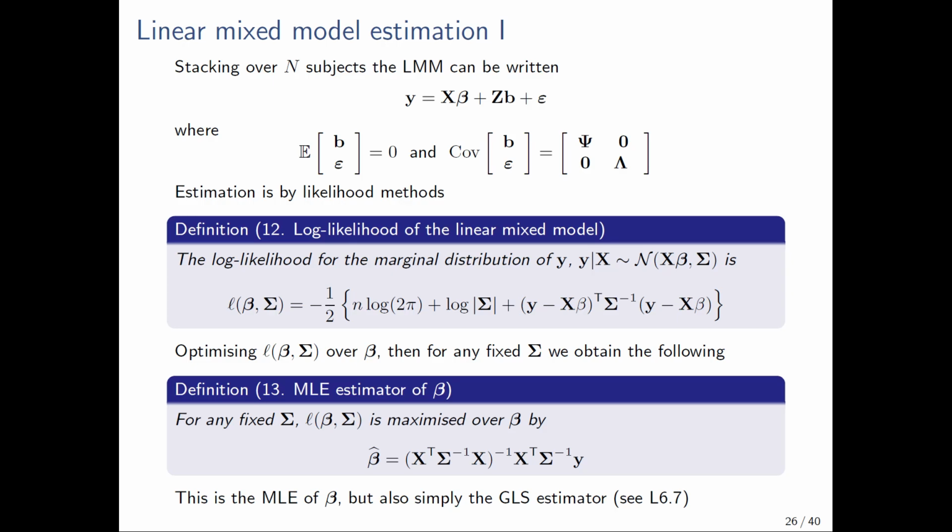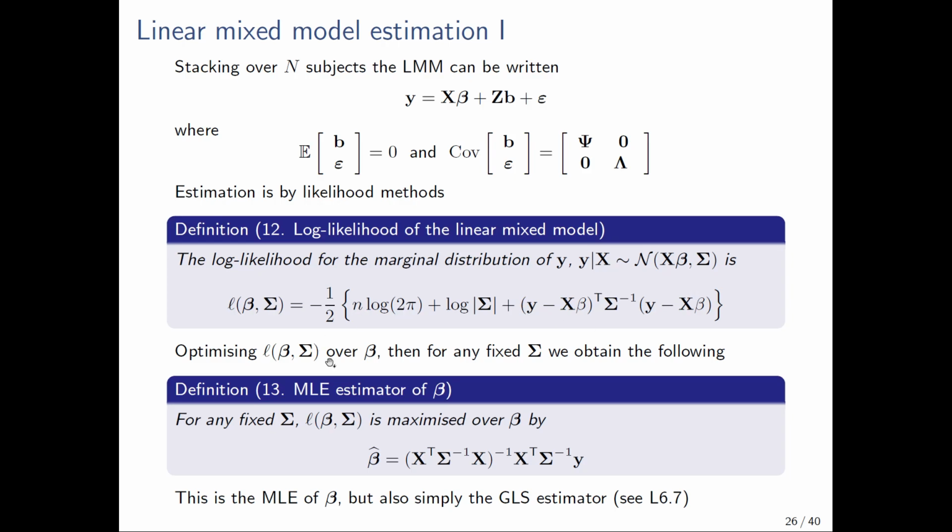The log likelihood for the marginal distribution of y being normal given X with mean X beta and covariance sigma is written in this form here. That's just the usual log likelihood for a normal random variable, but in this case in a mixed model form, or putting in the mixed model components.